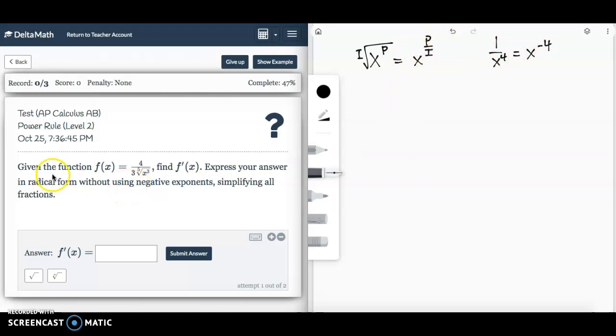in order to take the derivative of them. So in this one it says, given the function f of x equals that stuff, find f prime of x. So we're going to rewrite this. First and foremost, I notice that I can rewrite this x to the third under the fifth root as 4 over 3x to the 3/5.